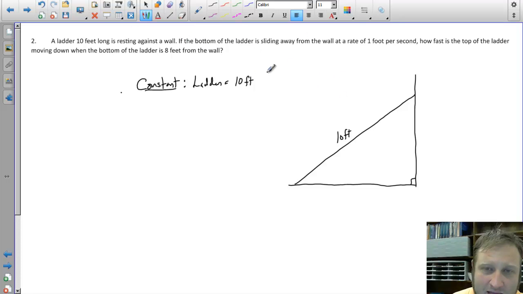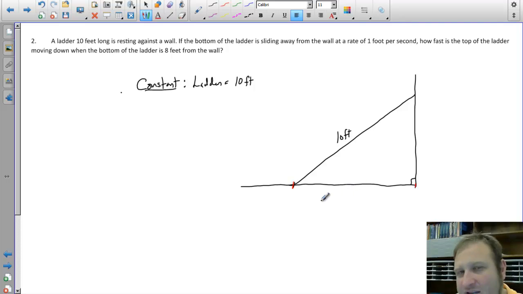If the bottom of the ladder is sliding away from the wall, I'm going to extend my floor a little bit. So I know that this value from here to here, which I'll just identify in red, the tip of my ladder to the origin or wherever my wall intersects the ground, I realize that as the ladder moves away, this value is going to be changing.